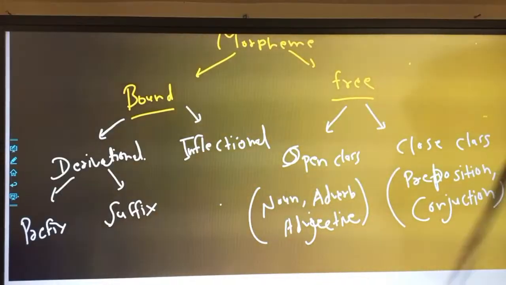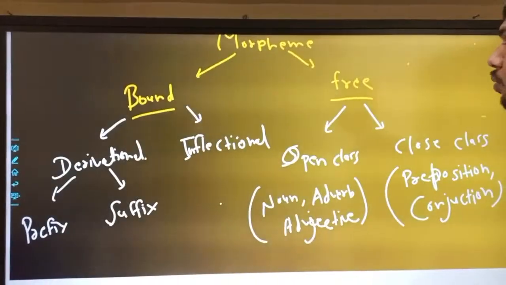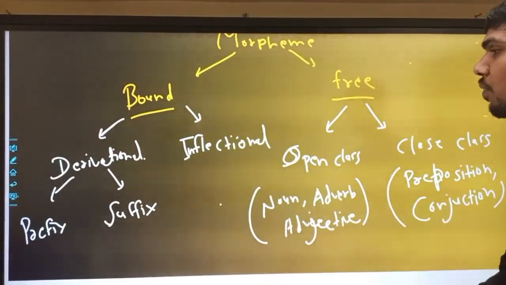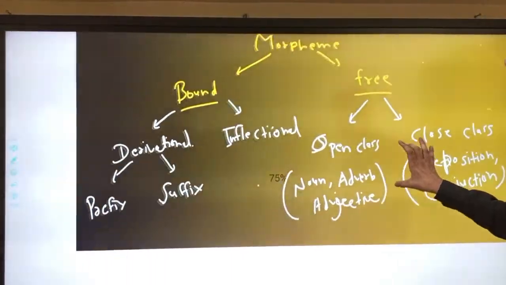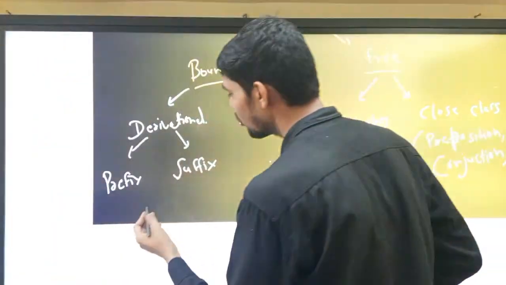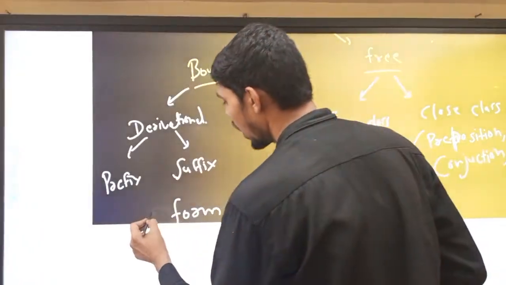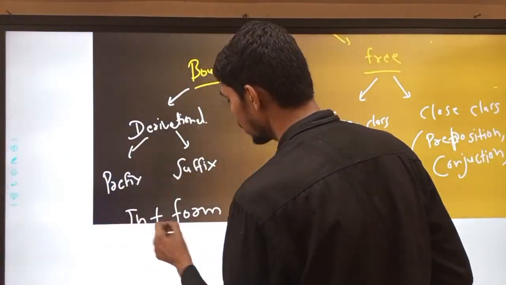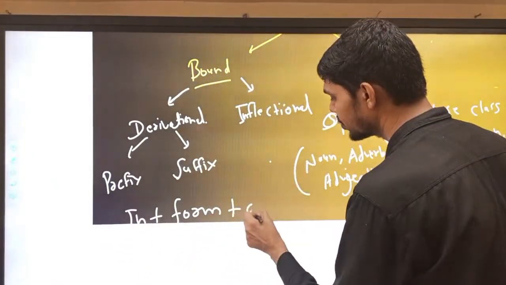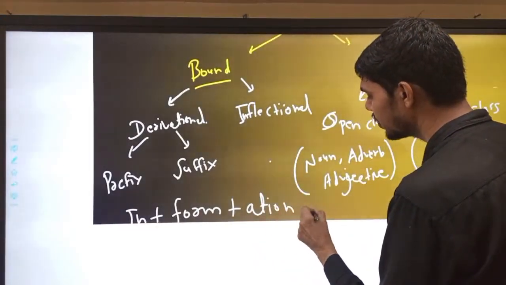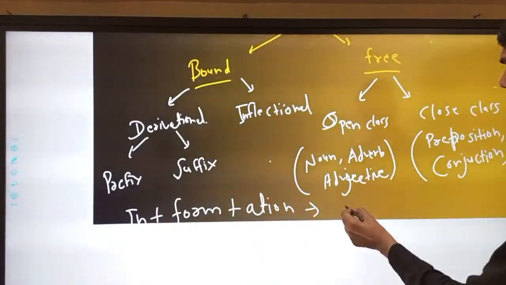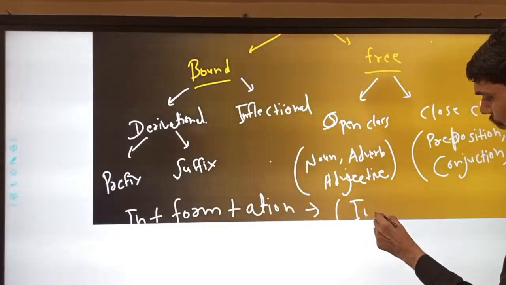These are the examples of closed class free morphemes and open class morphemes. If we take an example of a derivational morpheme, that is form, and we add in before and ation at the end of this word, then it becomes information.